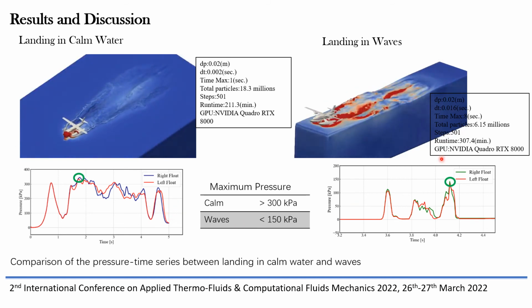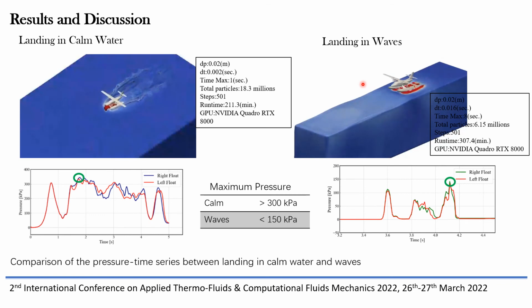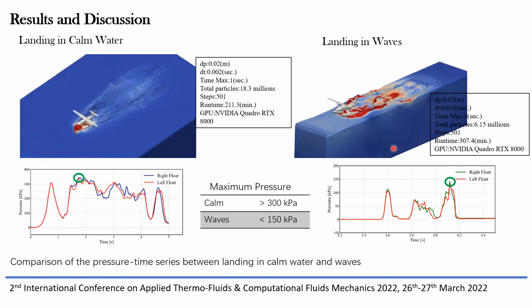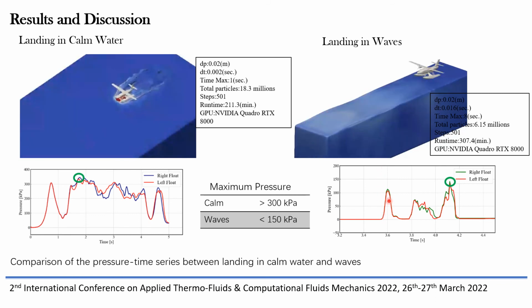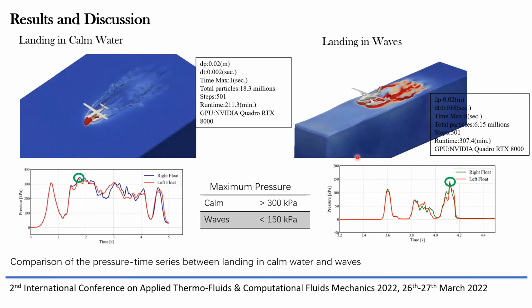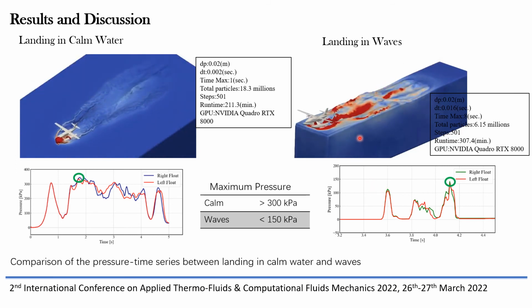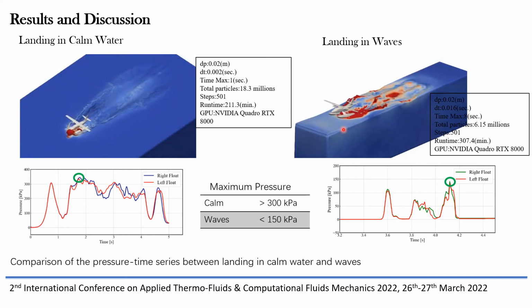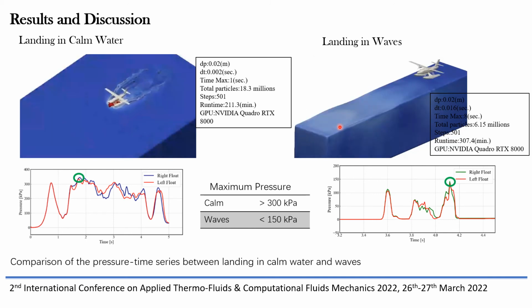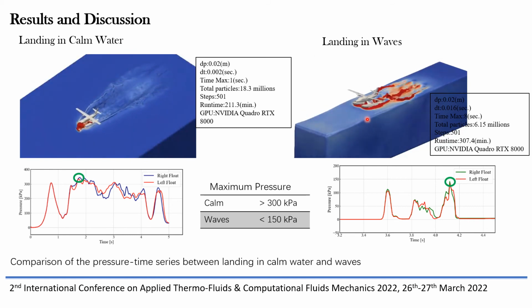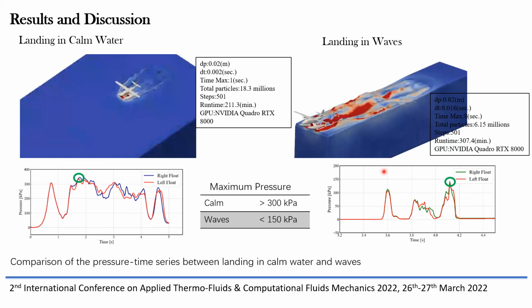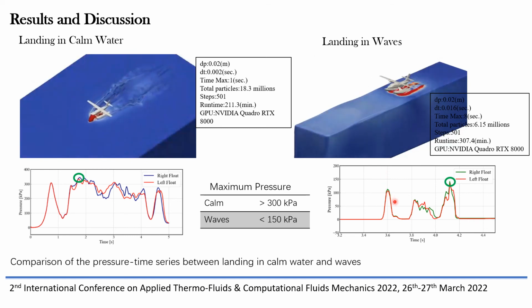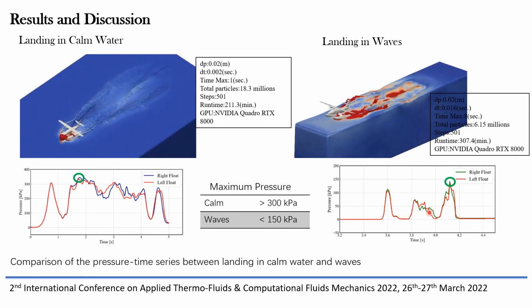And in the second video, this is the landing in waves, and we can see the difference here. In this part, the seaplane hits the wave 3 times, because we can see the periodic wave here, and the seaplane hits the wave 3 times in a shorter time.